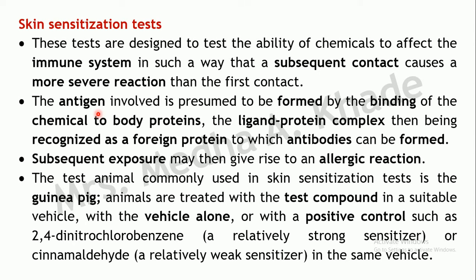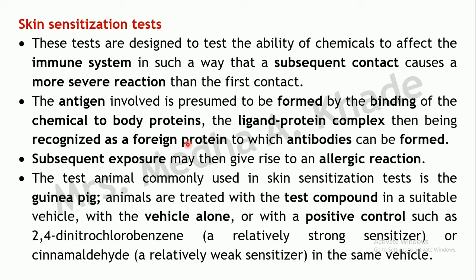So the chemical results in formation of the antigen. Now how are these antigens generated? Usually the chemical may bind to the body proteins. This ligand protein complex is recognized as a foreign protein by the body's immune system, and it will start generating antibodies against this foreign protein.